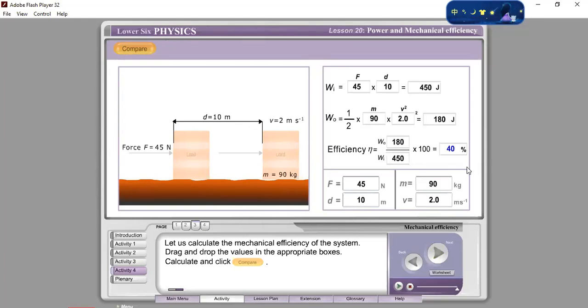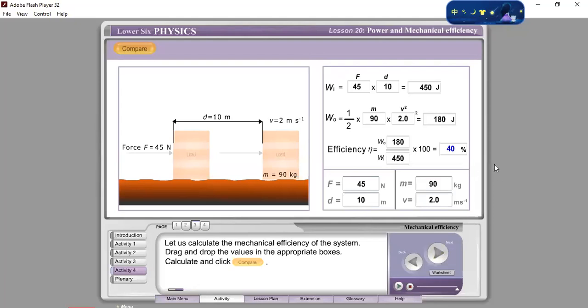What is meant by 40%? That means that 450 joule of energy is given, but just 180 joule turns to useful energy, and the balance 270 joule turns to wasted energy.